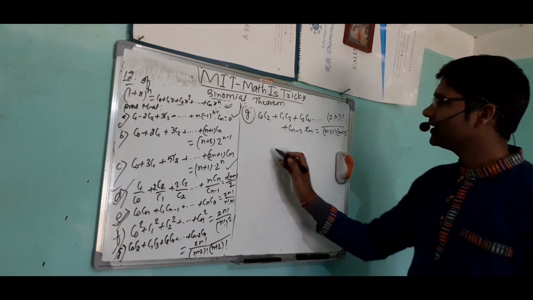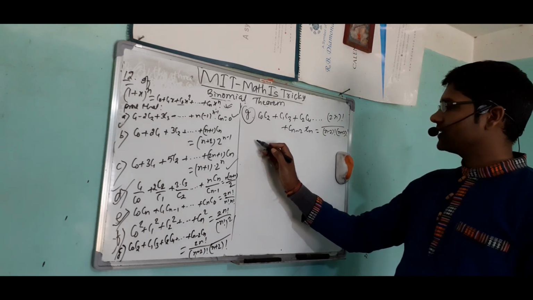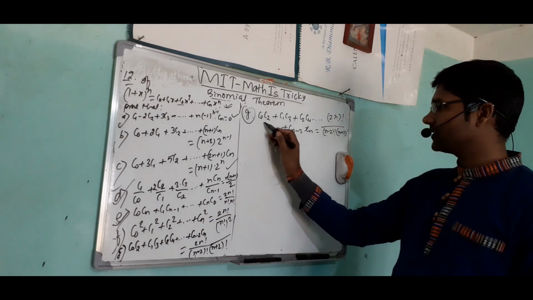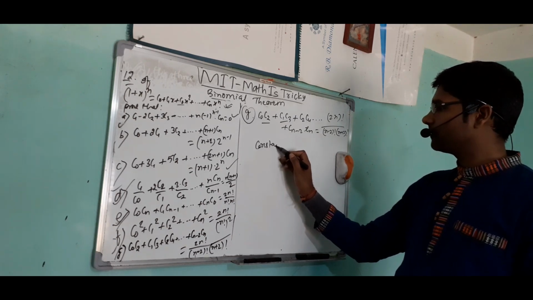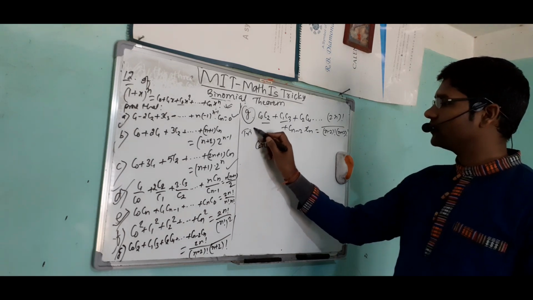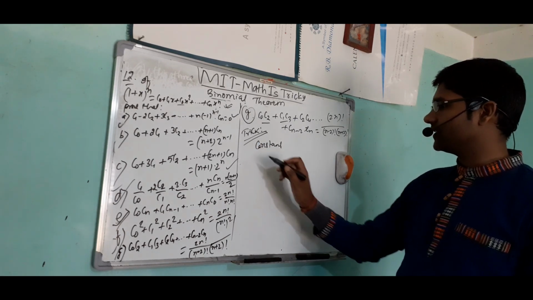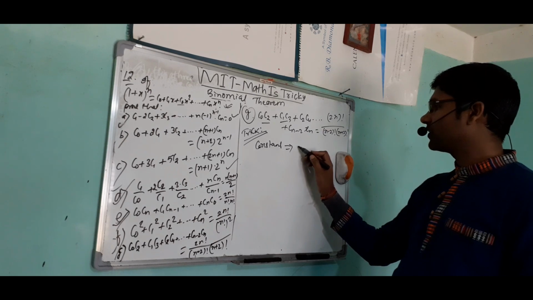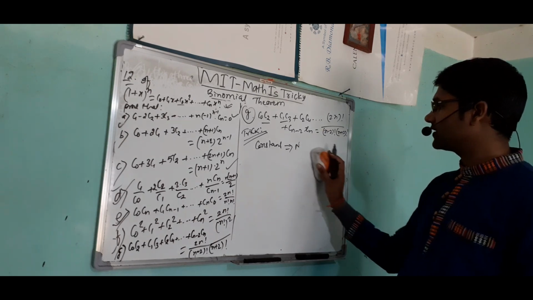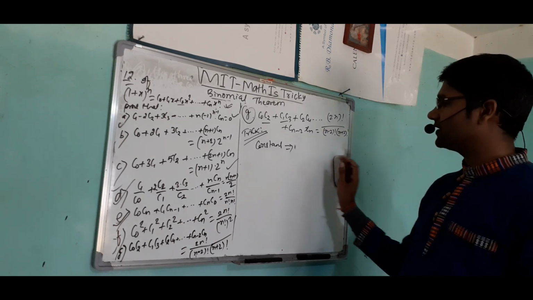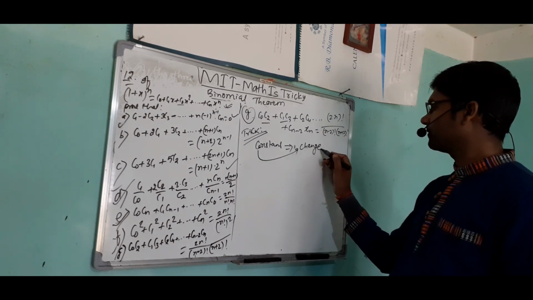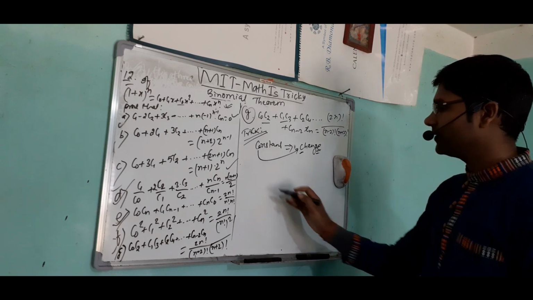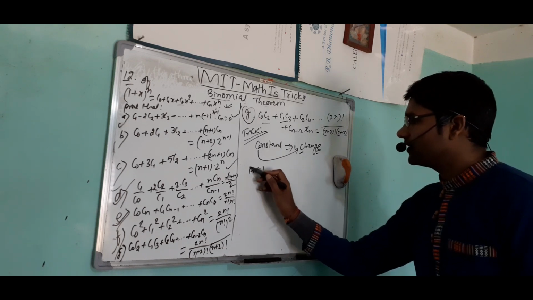So as before, there is no change here, that means the constant is there. Trick: how to start to get the correct answer. Constant means no change, so the C will change. It means here 1 plus x power n equals how much?